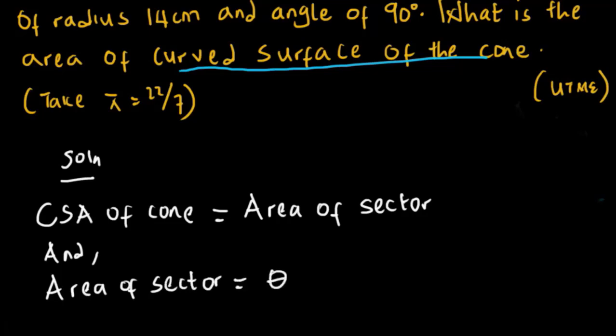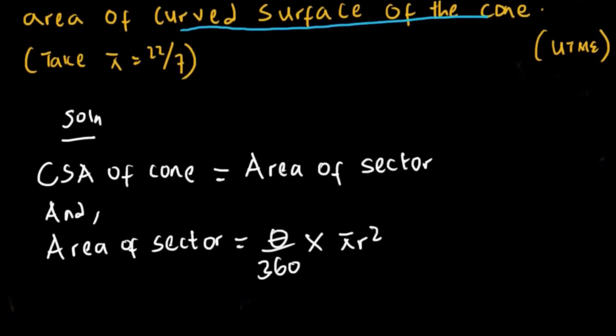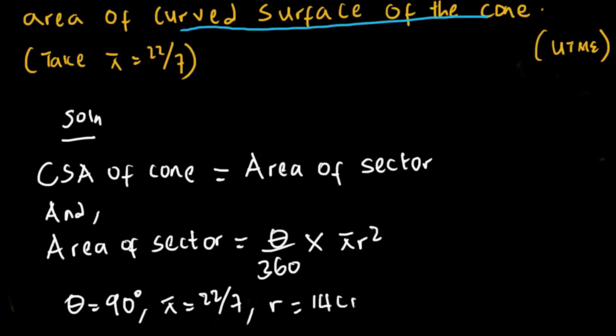So we have theta over 360 times, what's the area of a circle? Pi r squared. Does this make sense? So theta is what? We know that our theta equals 90 degrees. We're told to take pi as 22/7. What else? Our radius equals 14 centimeters. So we slot this into the formula.